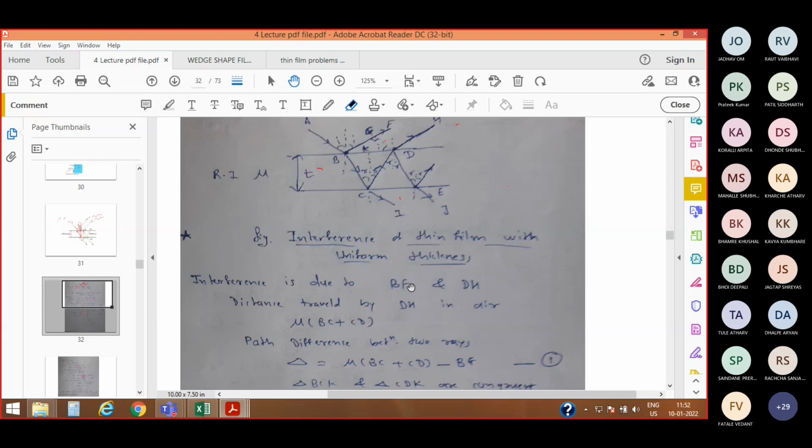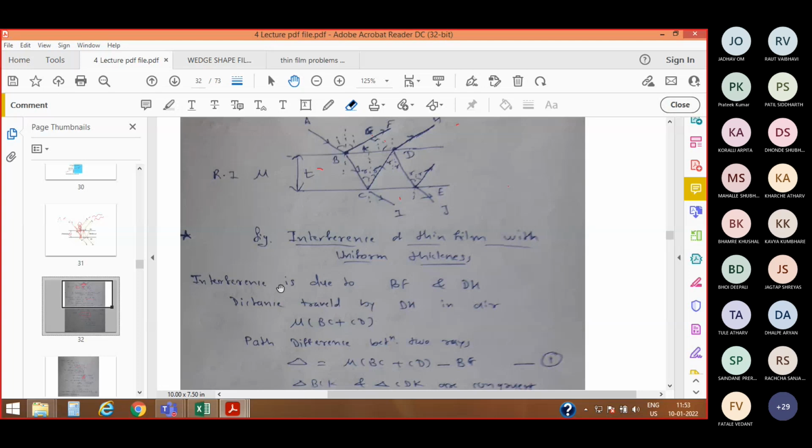So the interference is due to BF and DG. Whatever interference we get is because of the reflected light coming from points B and D, that is BF and DG. When BF and DG interfere, we get interference of light.